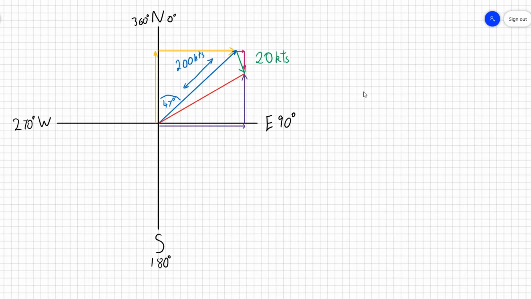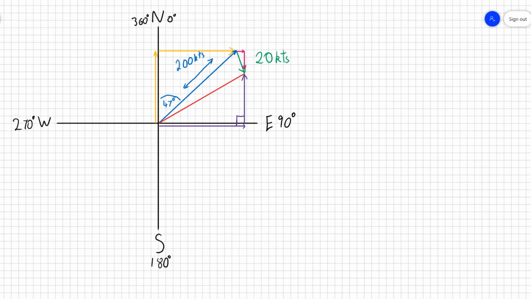So the final triangle, which is the right angle triangle involving the red line, or that red vector, is going to be my final vector to try and get a hold of.